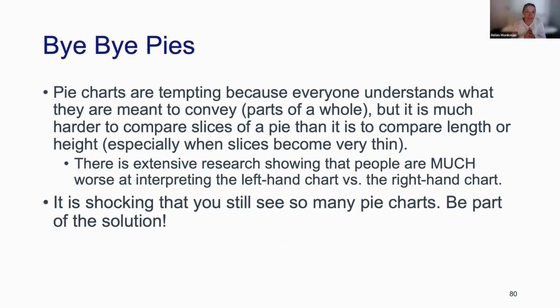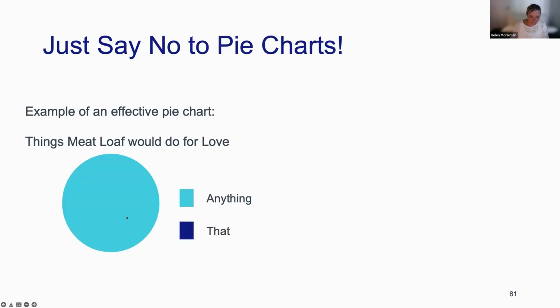That's the whole thing, is that you can say, here's your pie chart, but what if I showed you this way? Which way is easier? And do little small comparisons and play tricks with their brains, and then they'll figure it out too. But we're much worse at interpreting these different charts above, and it's shocking that we still see so many pie charts, but I hope that you will move forward and be part of the solution.